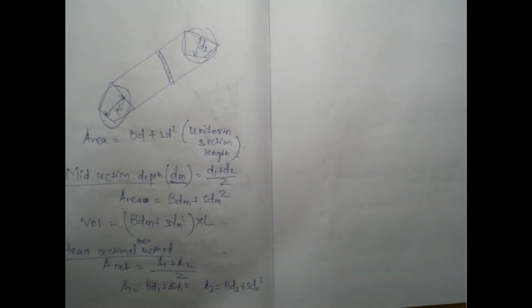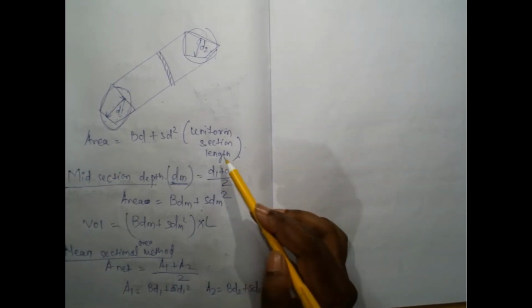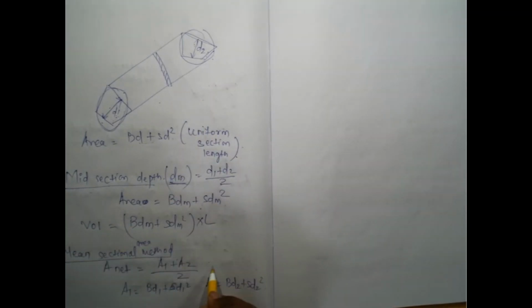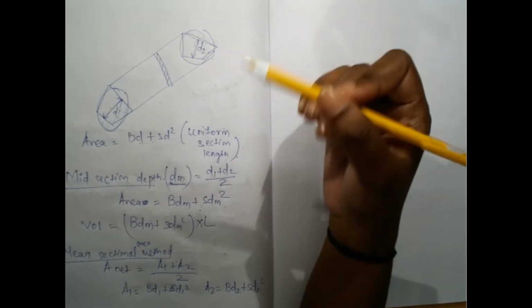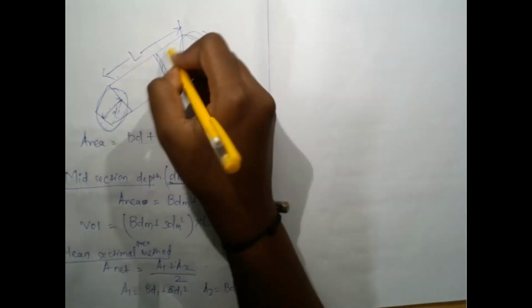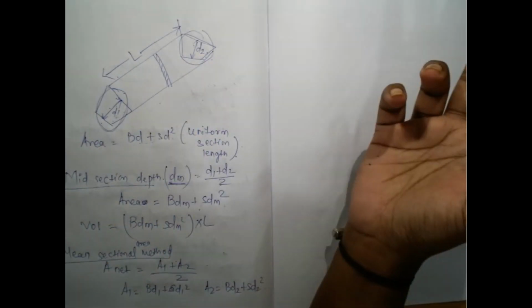Okay. So this formula can be used if the depths are different from one place to another. But we had taken the length as a uniform section, and this can also differ from one portion to another portion.